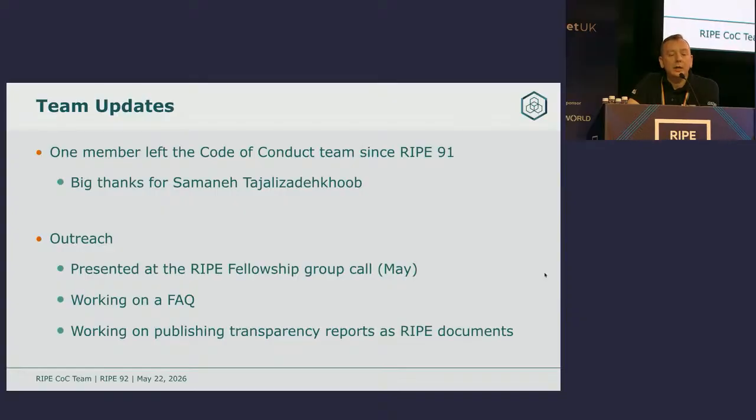Basically turning these presentations into something more like a historical artifact, and also so that we can capture data for longitudinal purposes and for measuring, and just to be more transparent. So we're working on turning these presentations that are transparency reports into actual RIPE documents for that purpose.